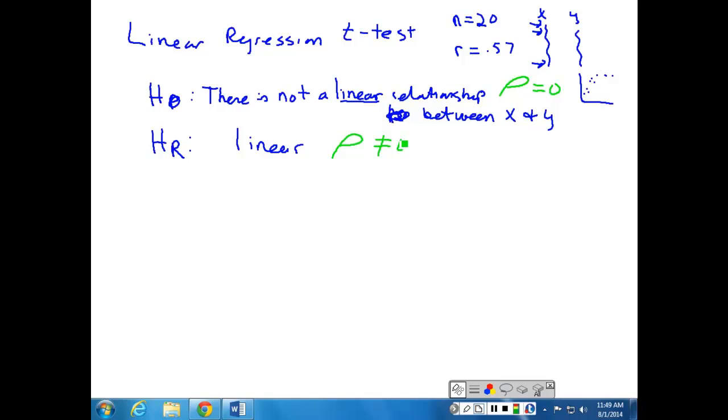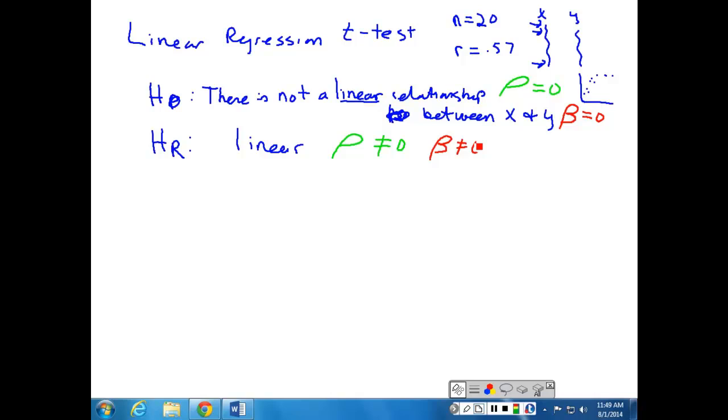Another way to put it, not the way we're going to calculate it in here, but I think I should mention it anyway. And you'll see on your calculator that it does both the rho and beta. They'll also say beta equal to 0, beta not equal to 0.